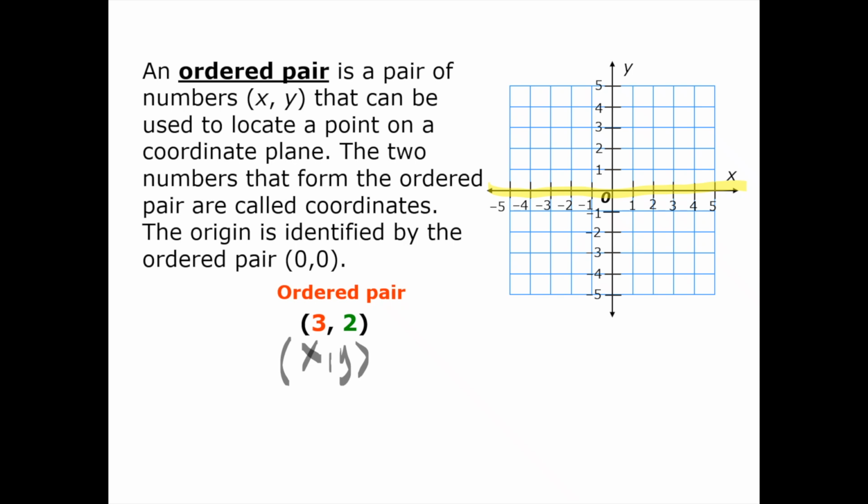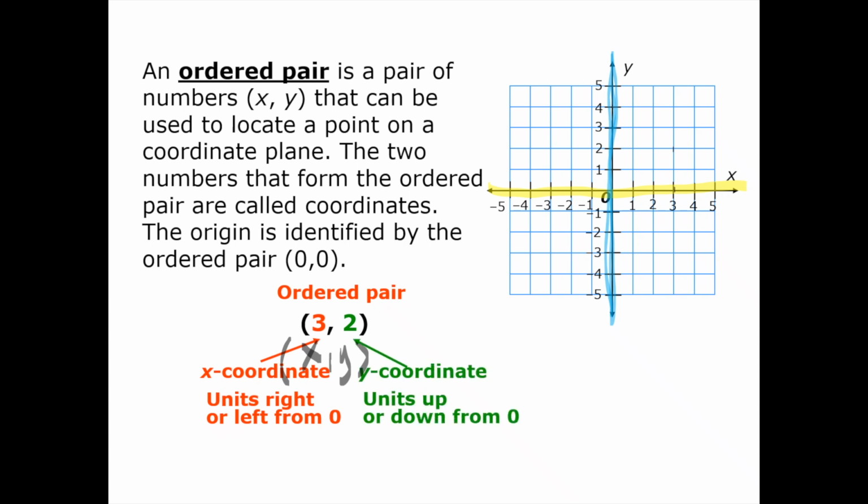And then it's identified by its y value, so where it relates to the y-axis. So the point 3, 2, we would go from the origin over 3 spaces, up 2 spaces, and that's where we would make our dot. So we would go 3 spaces to the right, 2 spaces up, and that would be our point.